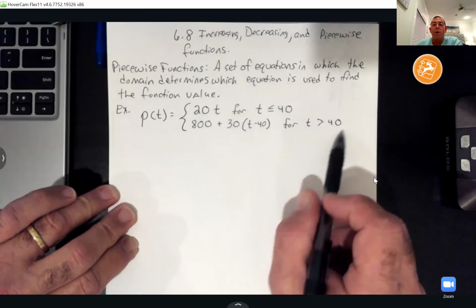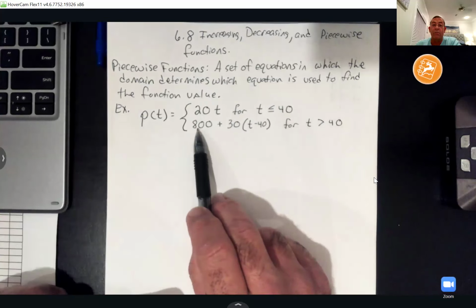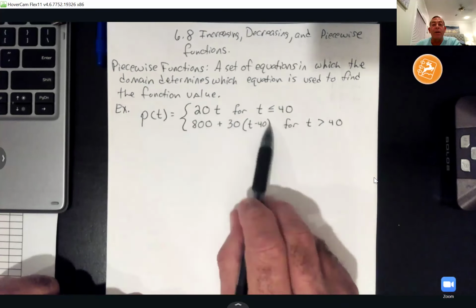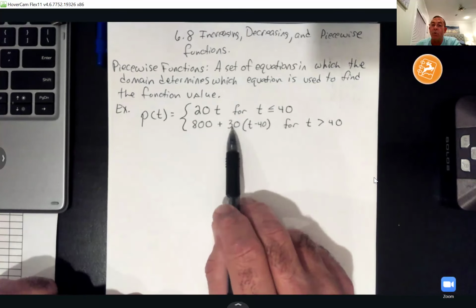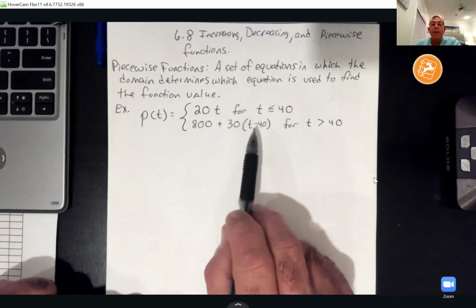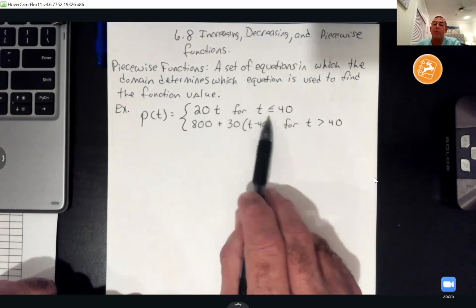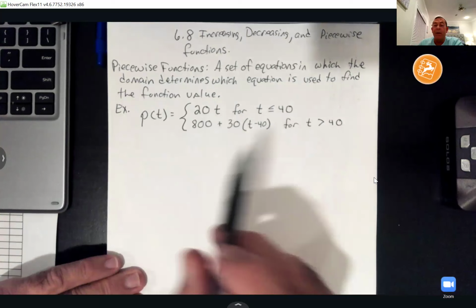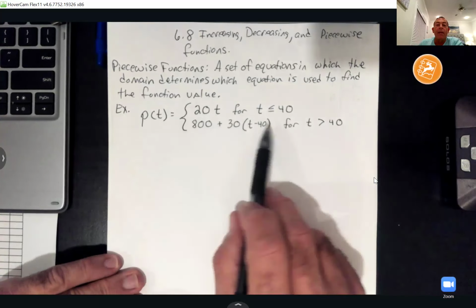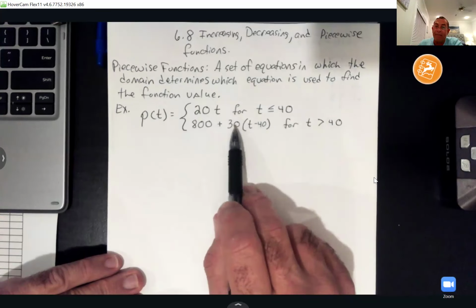So if you're working over 40 hours, 800 is your pay for 40 of those hours. So 40 times 20 gave me the 800. And then to figure out the overtime, 30 is time and a half for $20. And then you would take your total time minus 40 to see how many hours of overtime you had. So say you work 45 hours, you would make the 800, and then 45 minus 40 would give you 5 hours at time and a half.